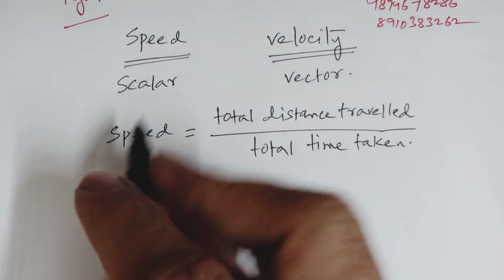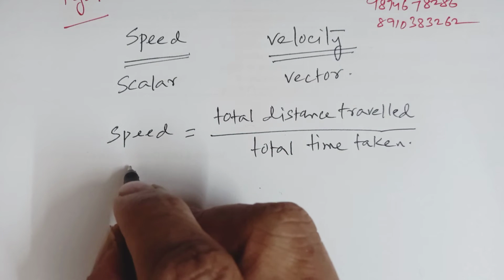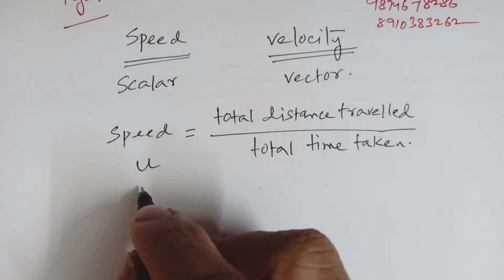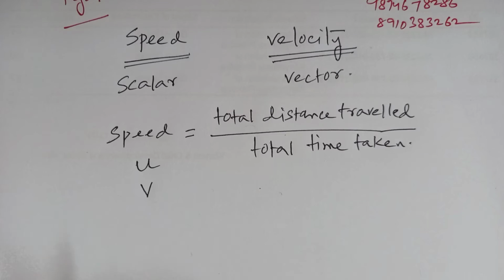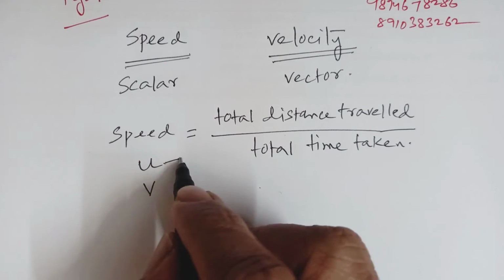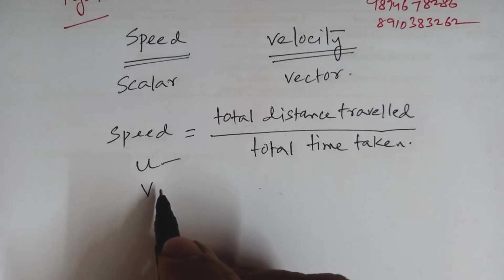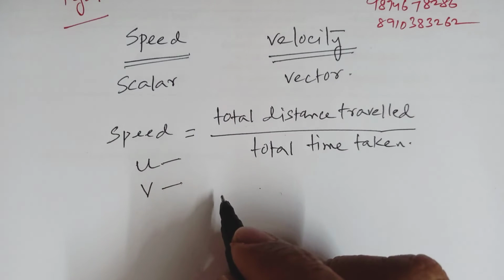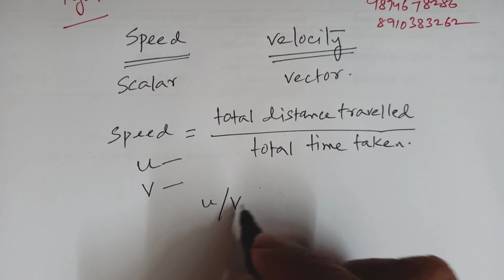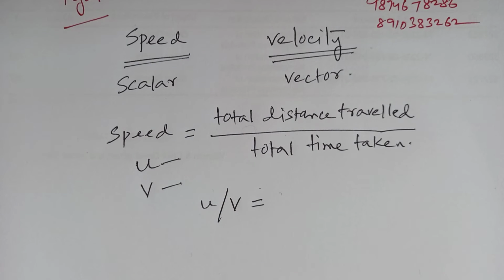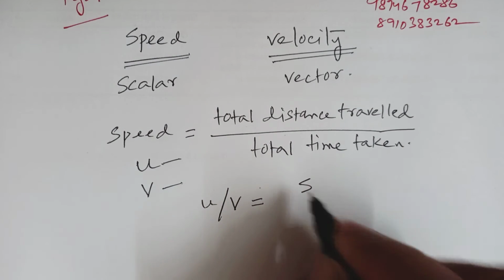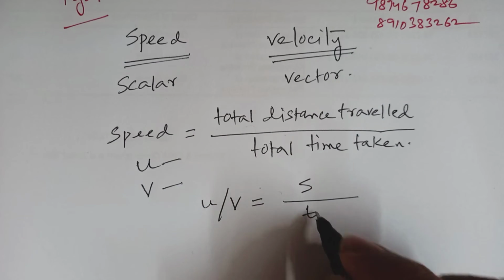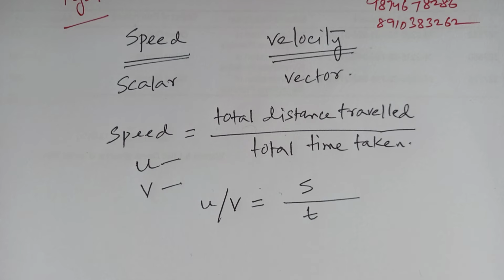Now, normally we represent speed with the help of u, again with the help of v. Now, u represents speed, v also represents speed. So, speed u or v is equal to total distance traveled, that is represented by s, divided by time, that is represented by t.